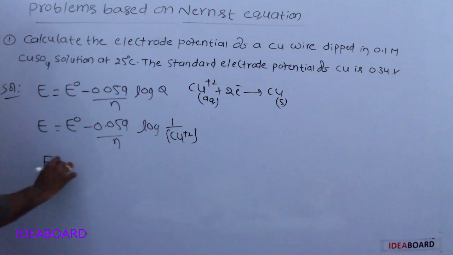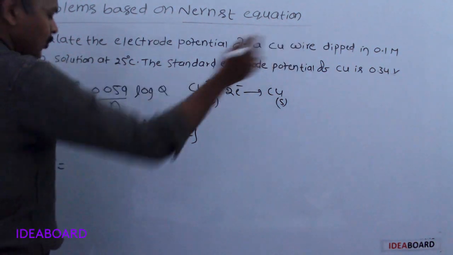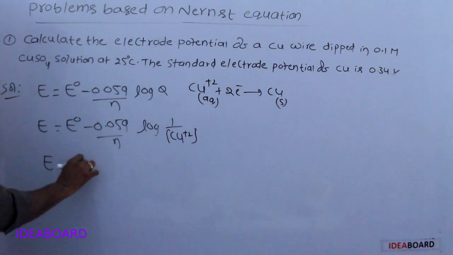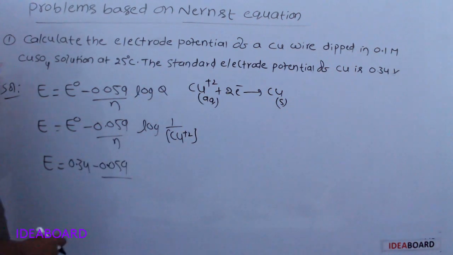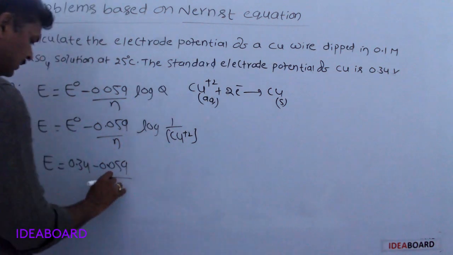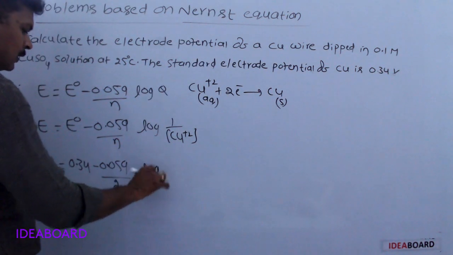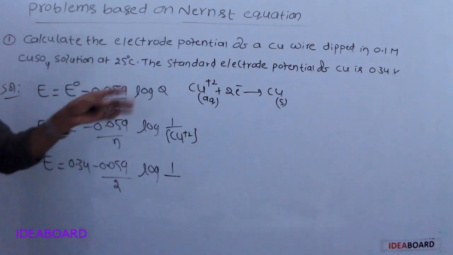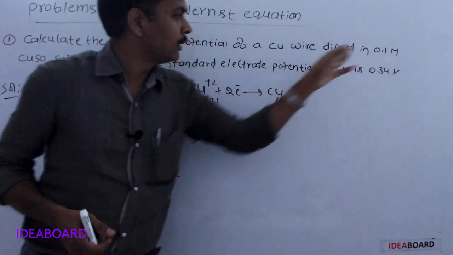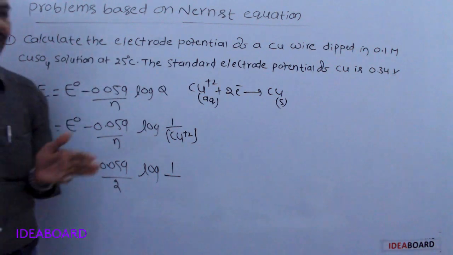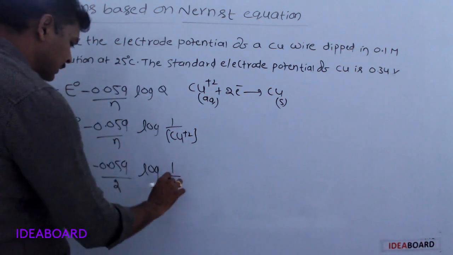This E naught value is given: E naught 0.34 minus 0.059 by n. Here 2 moles of electrons are involved, 2 log of 1 by copper ion concentration. Copper wire dipped in 0.1 molar copper sulfate solution means copper ion concentration is 0.1.